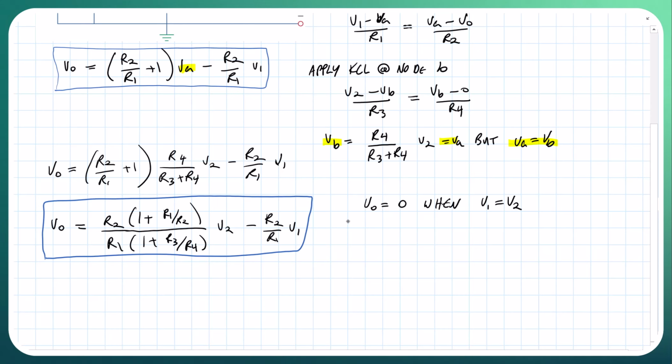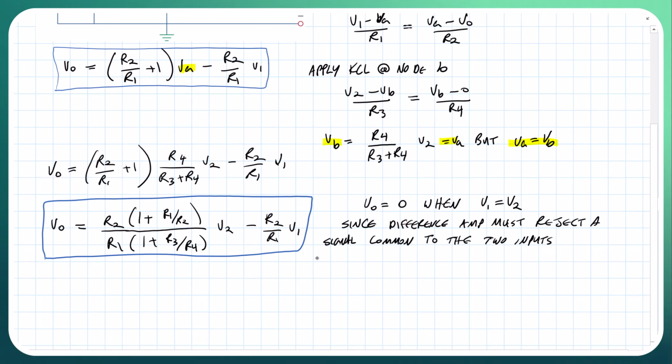Since a difference amp must reject a signal common to the two inputs, the amplifier must have this property.